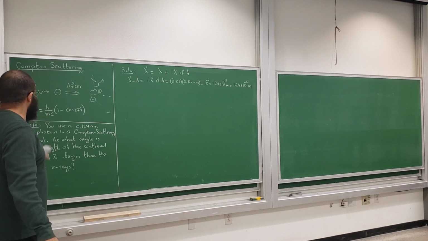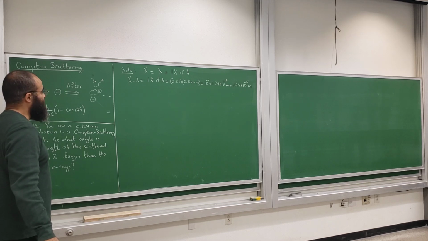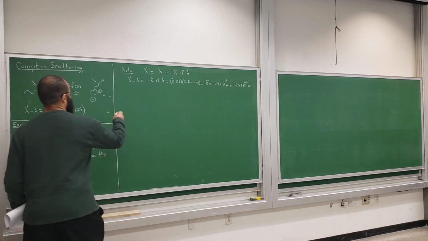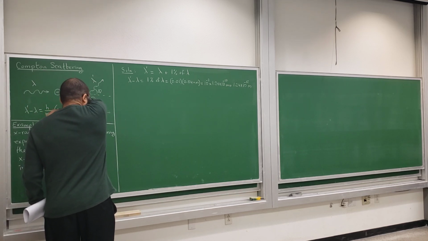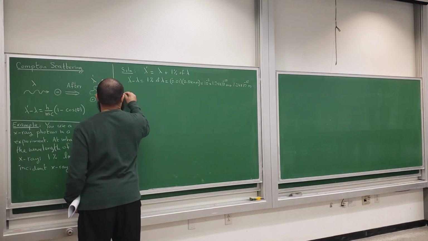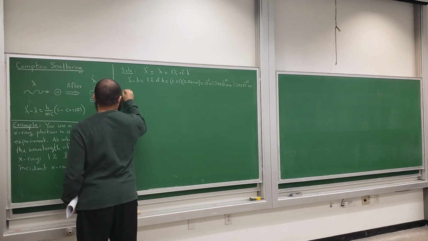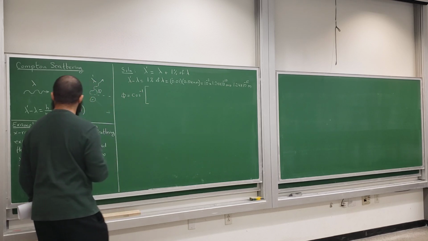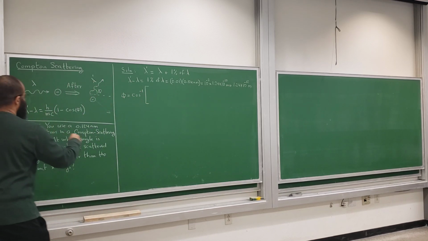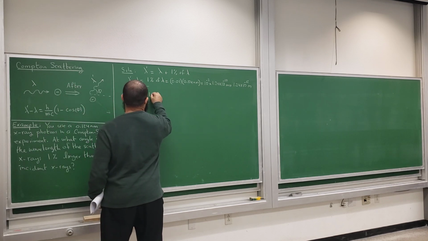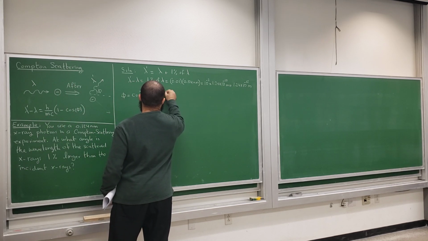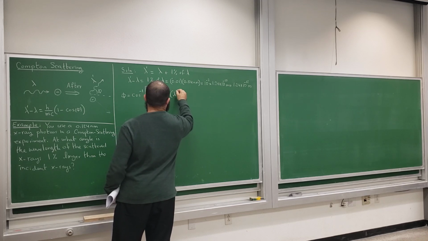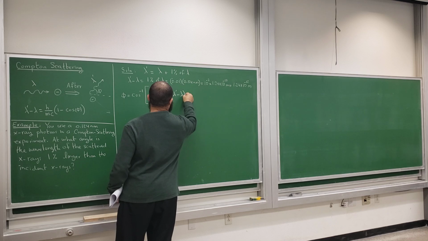Sounds good. Now, to find the angle, we just have to solve for the angle. So we get phi is equal to cosine inverse of, let's try to do this in one shot, 1 minus mc over h times lambda prime minus lambda.